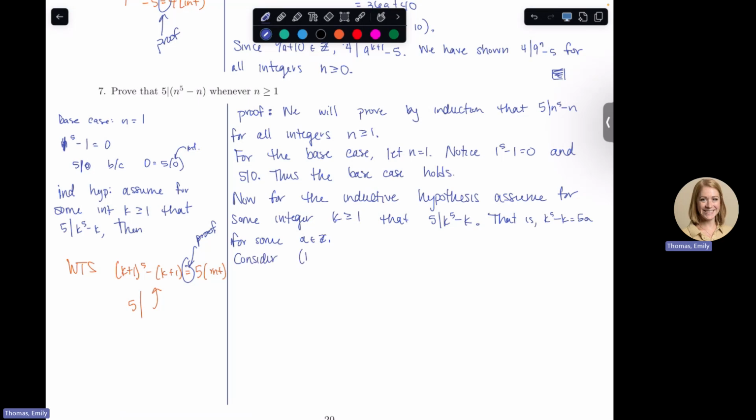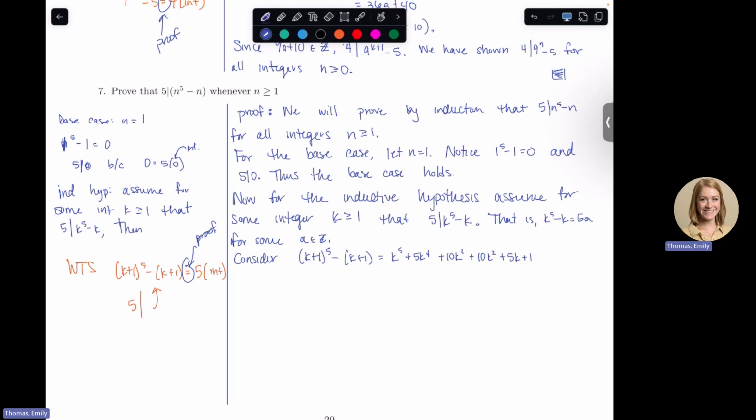Consider k plus 1 to the fifth minus k plus 1. All right, ready? k to the fifth plus 5k to the fourth plus 10k cubed plus 10k squared plus 5k plus 1. That's k plus 1 to the fifth.